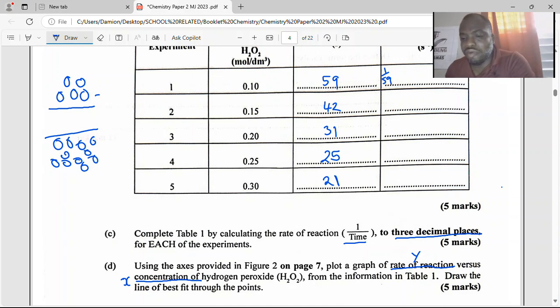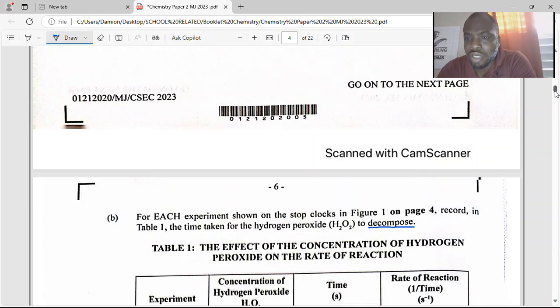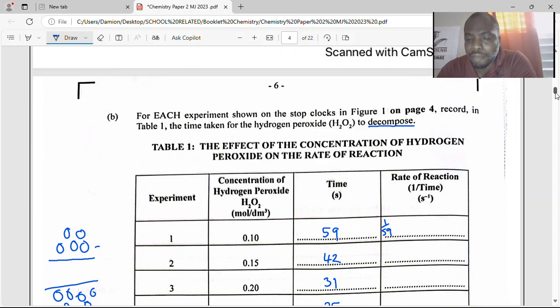The next thing, we're required to draw the line of best fit through the points. So help me out now. Remember, you need a calculator, no phone. Stop doing papers with your phone as the calculator.